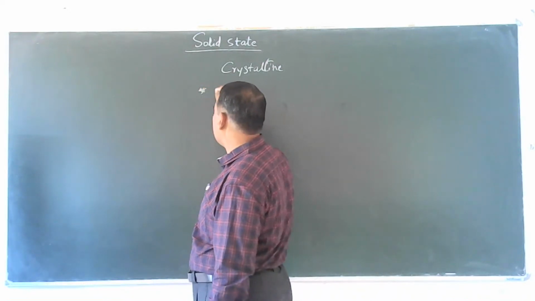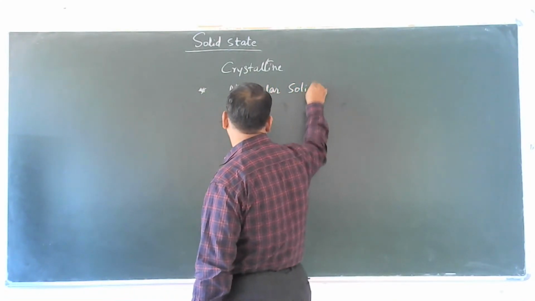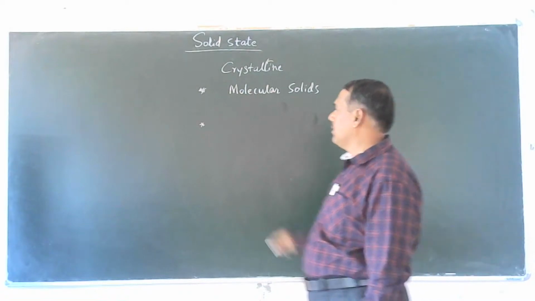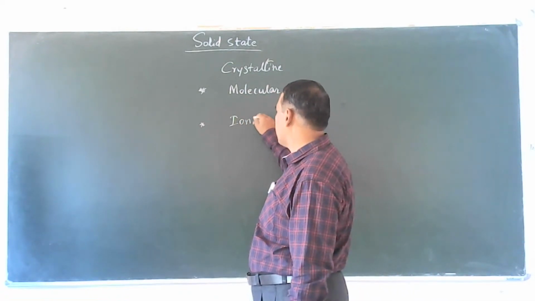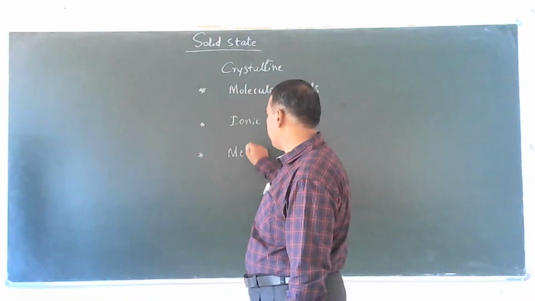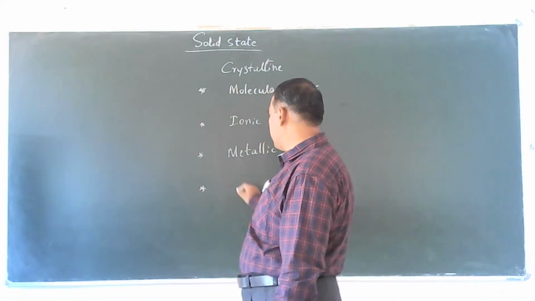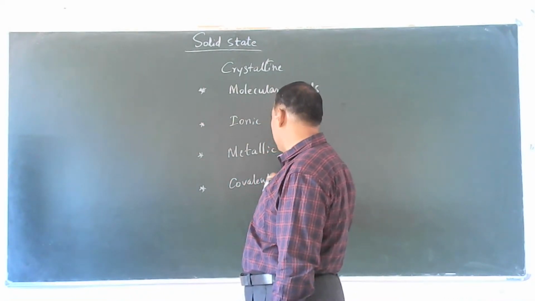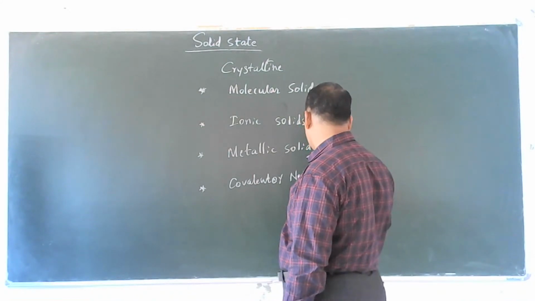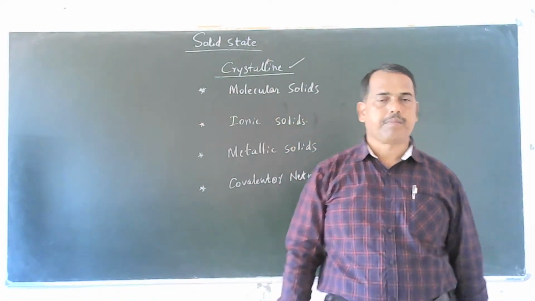First one is molecular solid, and next one is ionic solid, and next one is metallic solid, and next one is covalent solid, which is also called network solid.